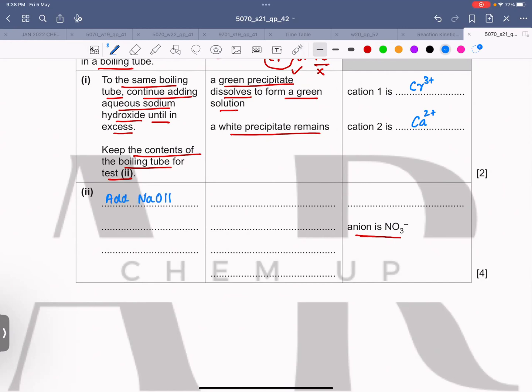aqueous sodium hydroxide and aluminium foil and heat it.